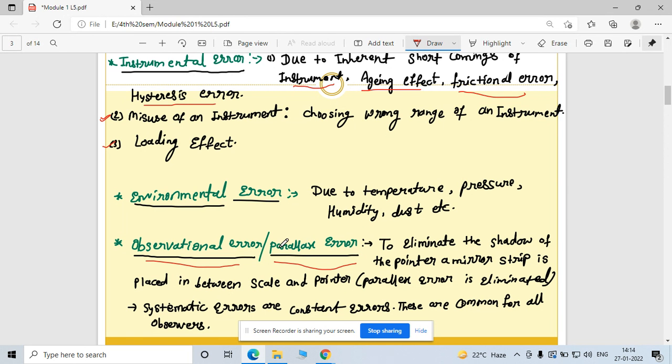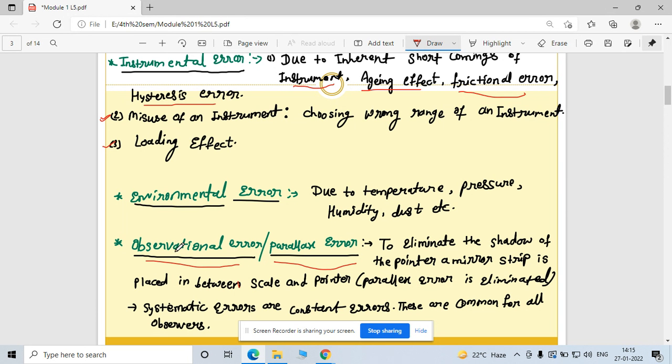For example, if you see the different types of meters connected in railway engines, in a train there are different types of meters in your train engines, right?